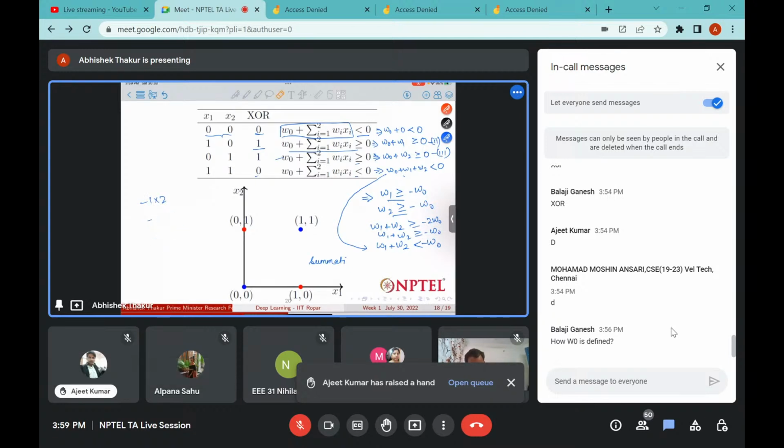So in this way, the summation of equations 2 and 3 contradicts equation number 4. This is our equation 4. Hence, this is not linearly separable. Okay.